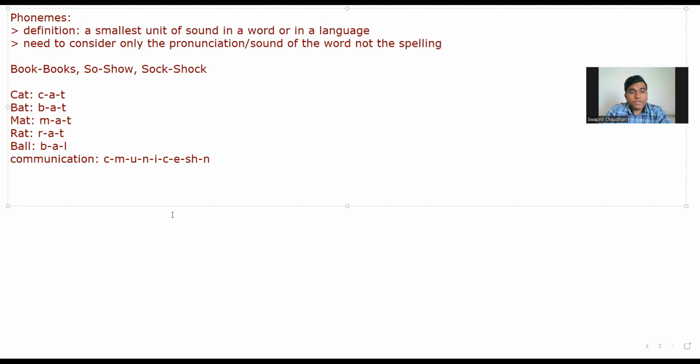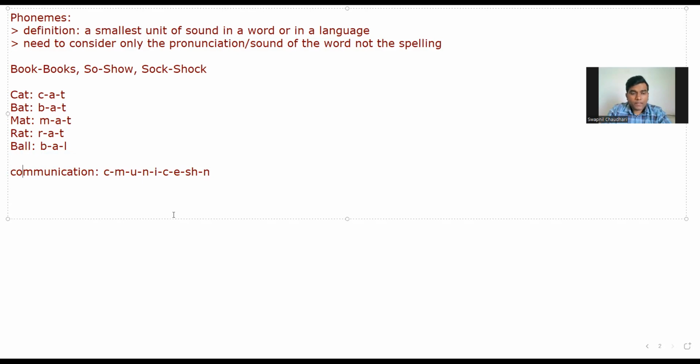Okay? So if you look at the spelling, and if you want to break down the spelling, you would break it something like that. Ka, mu, ni, ke, sha, na, right? That's how the spelling would be broken down. Ka, mu, ni, ke, sha, na, right?